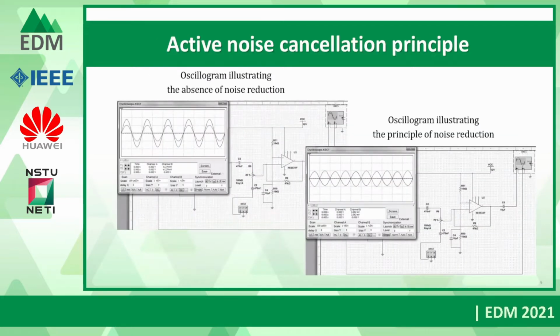This slide shows the simulation result. On the left of this slide, the phase of the original signal is the sum, the phase of the receiver signal. Therefore, the separation of the uninformative signal does not occur. The right side of the slide shows that the phase of the output signal is in antiphase with the input signal.